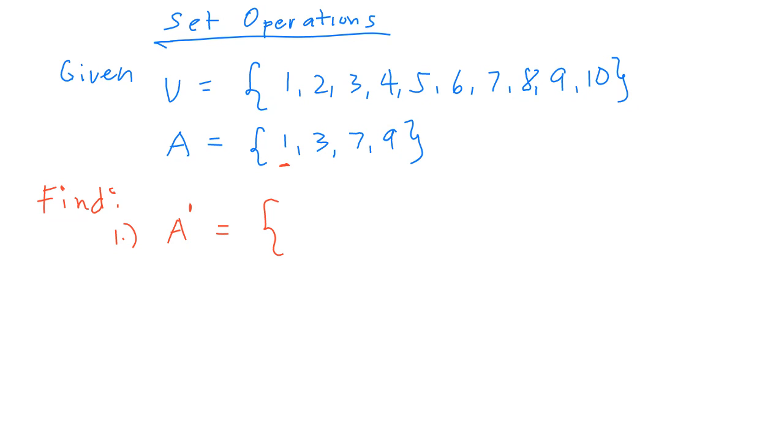We have 1 here, so 1 cannot be taken. 2, we don't have 2 inside A, so we can have that. 3, we have 3 inside A, so we need elements outside A. So we can take 4, and then 5, we don't have 5 in A. And then 6, we don't have 6 in A also, so we can take that. 7, we have 7. 8, we don't have 8. 9, we have 9.